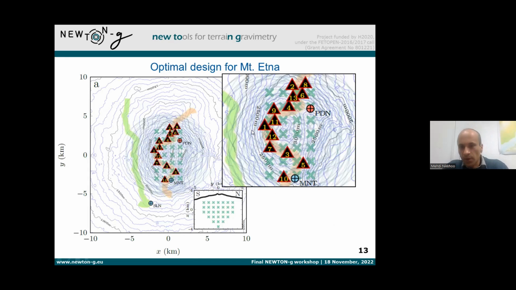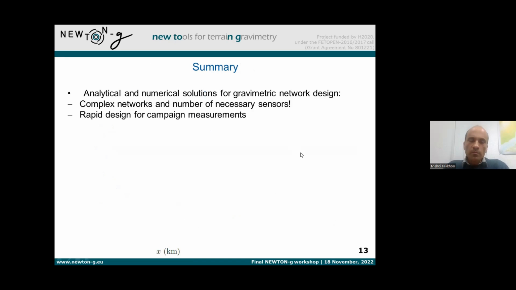And here you can see a closer view of the optimal network associated with this target volume at Mount Etna.